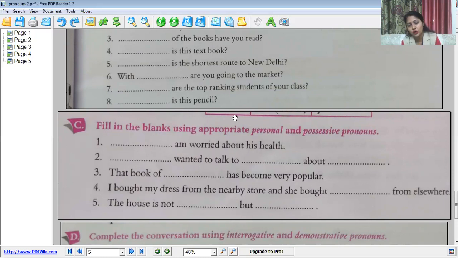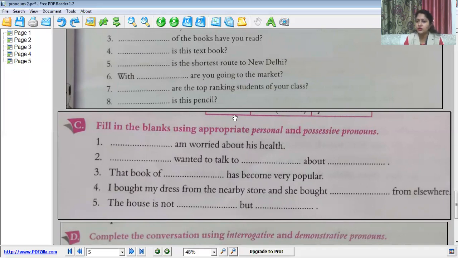Anything. Okay, when you're talking of possessive: That book of mine has become very popular. That book of yours has become very popular. That book of theirs has become very popular. That book of his has become very popular. Of hers has become very popular. I bought my dress from the nearby store and she bought dash from elsewhere.